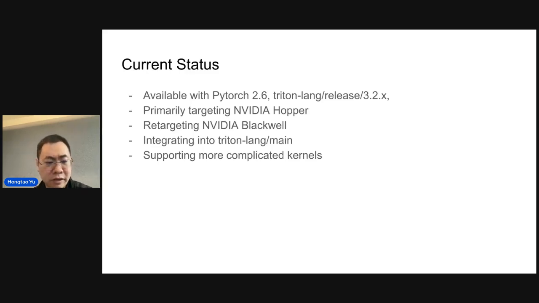We're also working with upstream to integrate into Triton. That's going to require some refactoring based on the recent newly introduced warp specialization operations. And we are still working on supporting more complicated kernels, extending the features on our end.